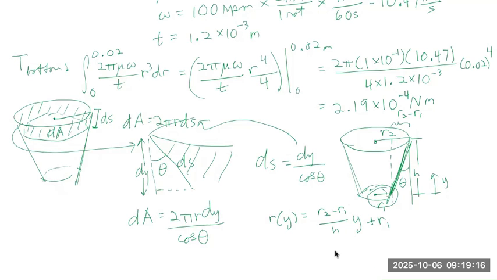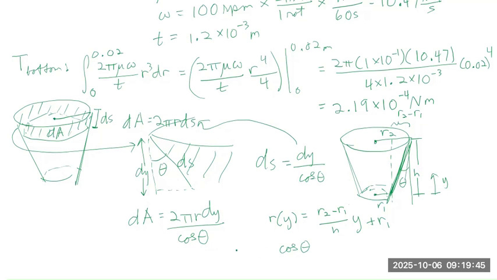However, this length, which is the hypotenuse, times cosine theta is going to give us this h value.